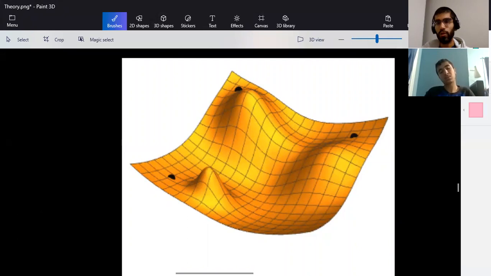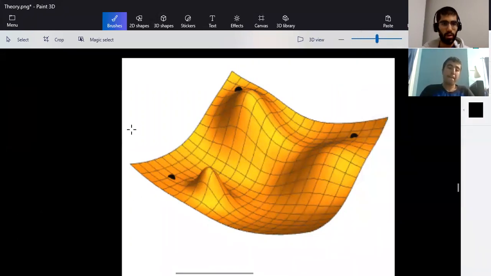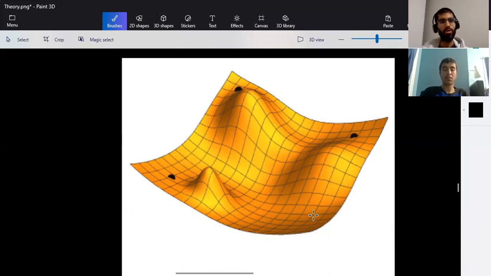This is a surface that is a visual representation of one parameter on this axis, theta 1, maybe this horizontal axis, and one parameter on this vertical axis. And the height is the cost, C. Sorry, that should be theta 2. There we are. This is just a simplification, because obviously you usually have more than two parameters.